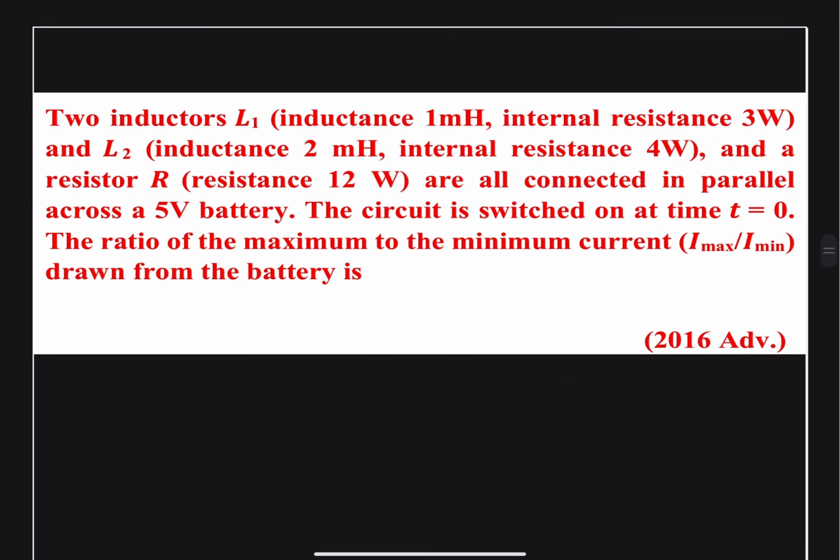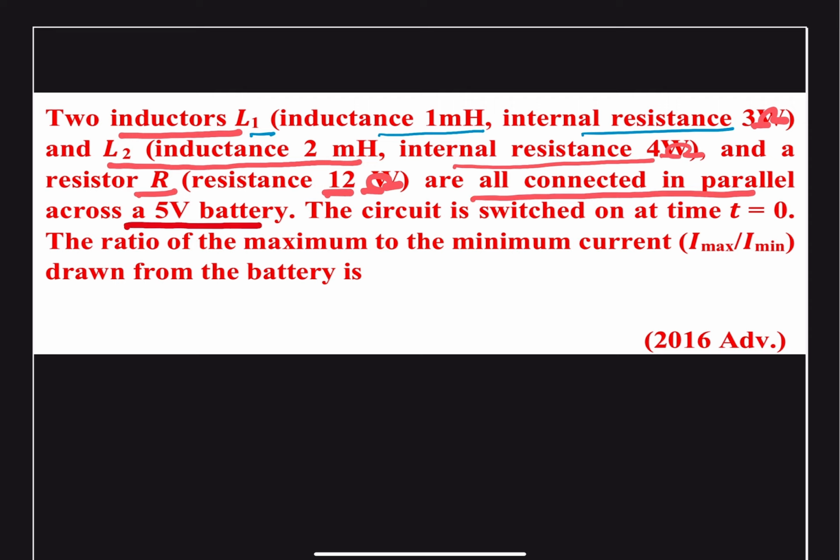Now we come to the second one, and the second one states that we have two inductors, L1 with inductance 1 millihenry and internal resistance 3 ohm, and L2 with inductance 2 millihenry, internal resistance also 3 ohm, and a resistor R of resistance 12 ohm, all connected in parallel across a 5-volt battery.